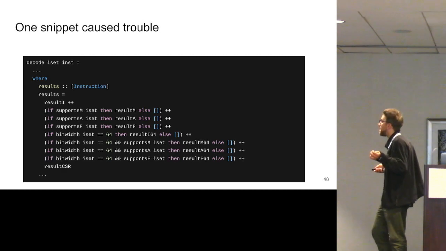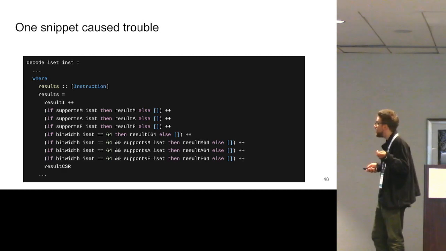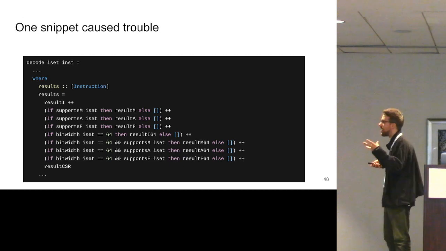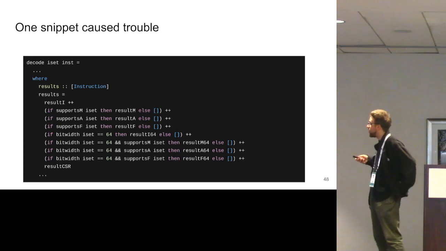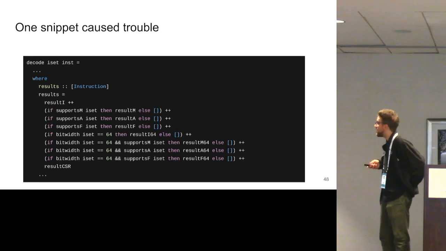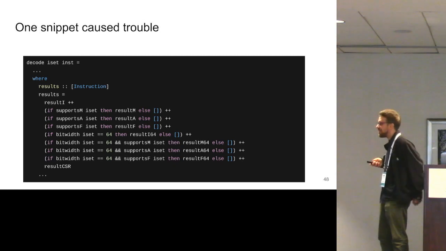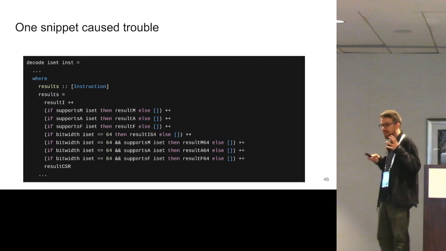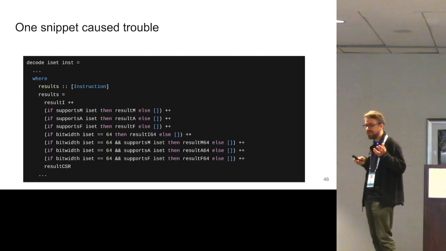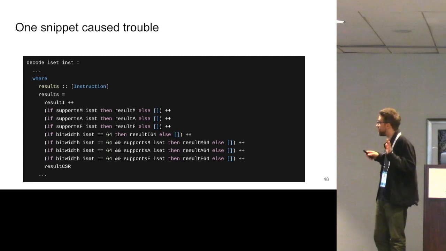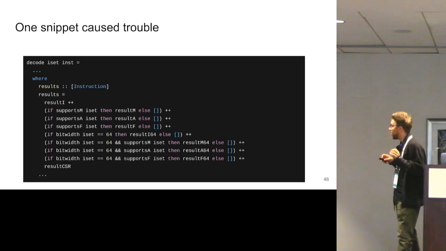And we only did it for the I instruction set, so basically all these ifs should cancel out, and we should get the head of the list. We were only interested in the first element. And we tried to feed this into Clash, but Clash has to do some normalization in order to create a circuit, and it just ran forever on that problem.